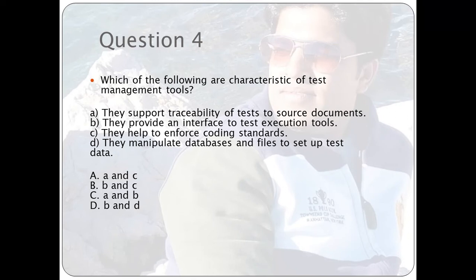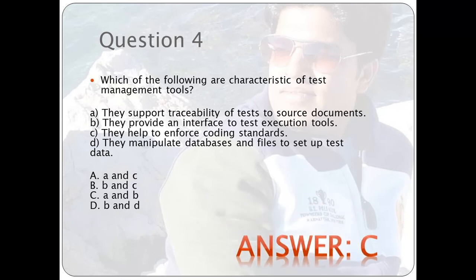This falls under automation test execution, where we actually write the test scripts, and there different tools are there, so it doesn't fall under test management tools. So the correct options are A and B, which is mapped with the choices, so the answer is C.